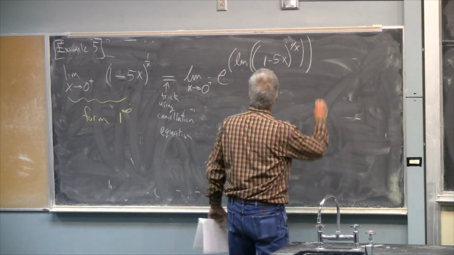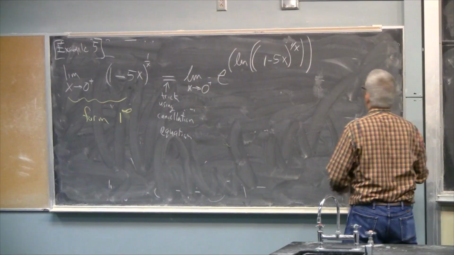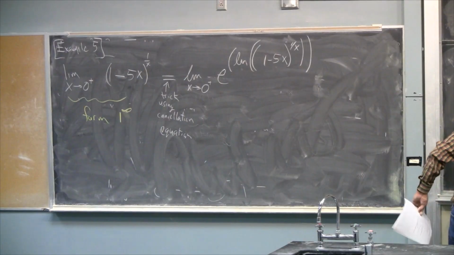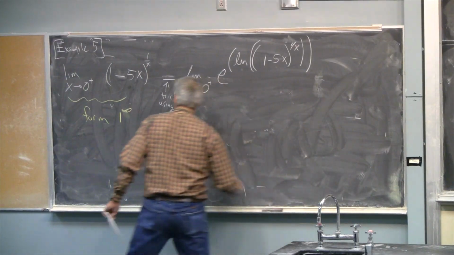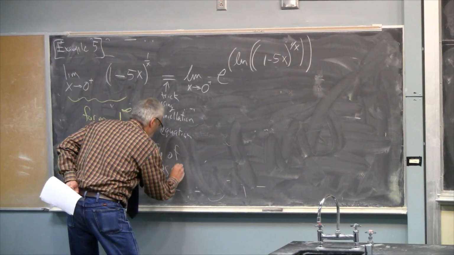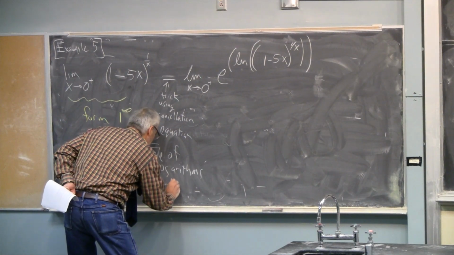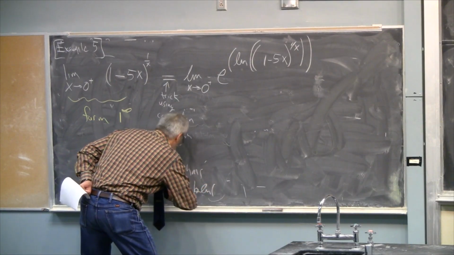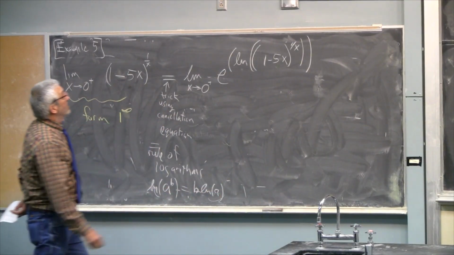Now, we're going to use a rule of logarithms that says that ln of a to the b is b ln of a. So I'm going to bring this down.